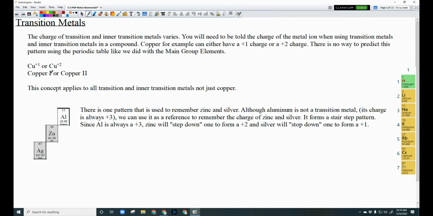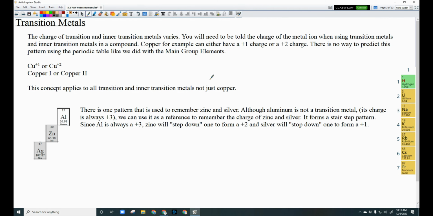This Roman numeral after the name is the charge. So Roman numeral 1 means a +1 charge, and Roman numeral 2 means a +2 charge. So: symbol, Arabic number; name, Roman numeral. This concept applies to all the transition and inner transition metals, not just copper.